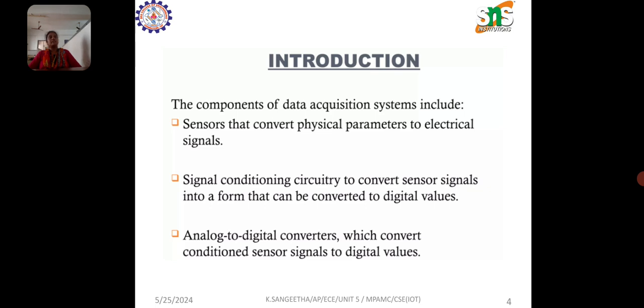The ADC resolution, for example 8-bit or 16-bit, and the sampling rate are critical parameters in an ADC. And multiplexers allow multiple analog input signals to be routed to a single ADC. This is useful when you need to measure multiple signals but have limited ADC resources.